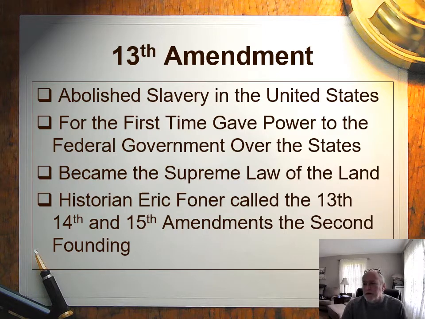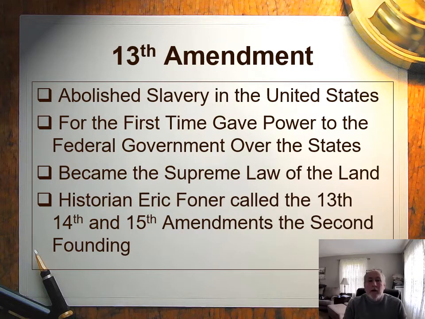As we discussed earlier in our Bill of Rights and U.S. Constitution lessons, the U.S. Constitution and its amendments are the supreme law of the land. So this 13th Amendment abolishing slavery is now the supreme law of the land.